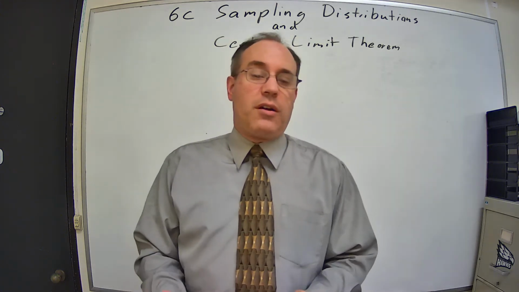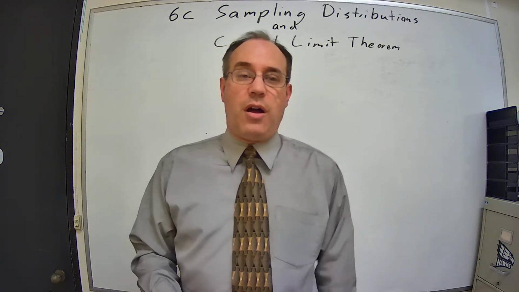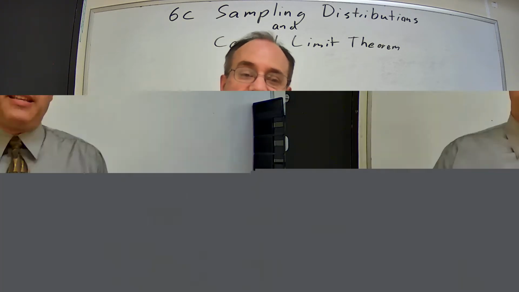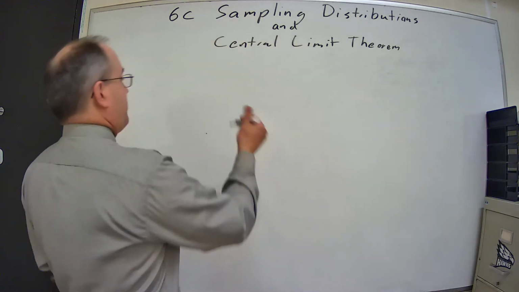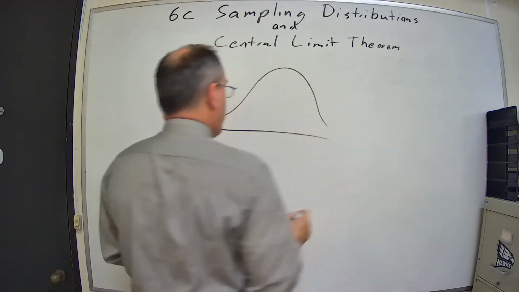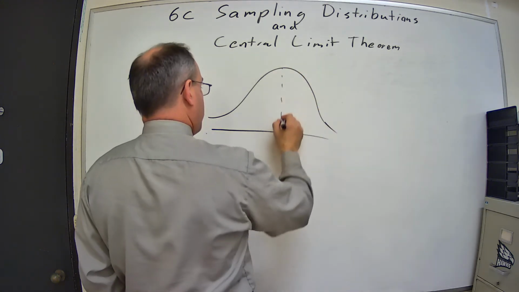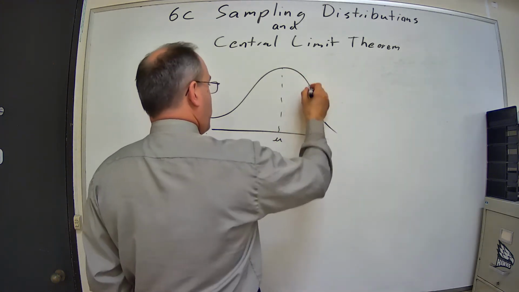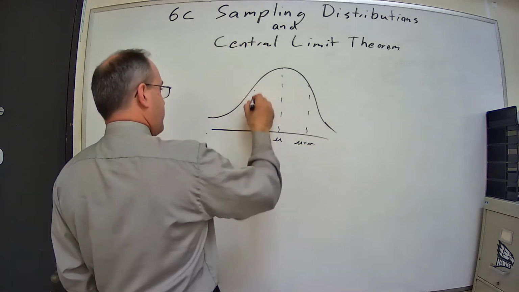Now what we're going to talk about right now with a sampling distribution is samples of data. We've seen this. A normal distribution with a mean and then a standard deviation.